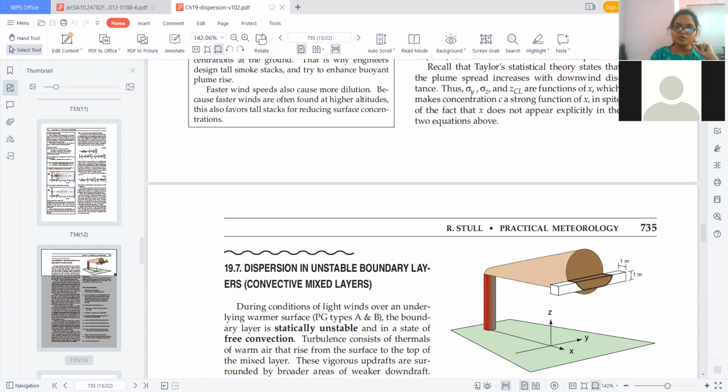Remaining 1% of air contains carbon dioxide, that is 0.03%, water vapor 0 to 4%, then trace gases, that is light gases, that is neon, helium, krypton, xenon, argon also. That's why they are called trace gases.